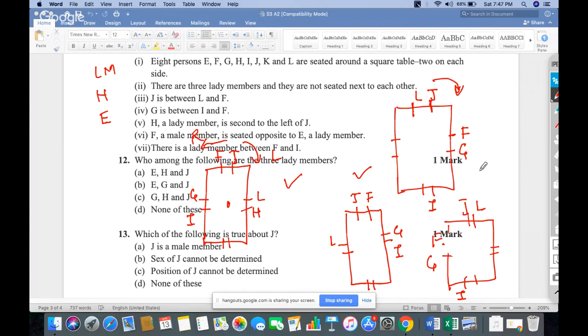So if you look at the second place, here is not accepted. So this is gone. Now H is a lady member. What is left of J?